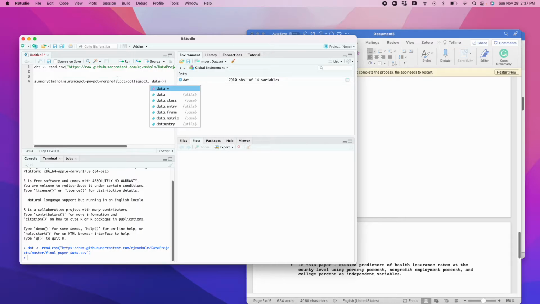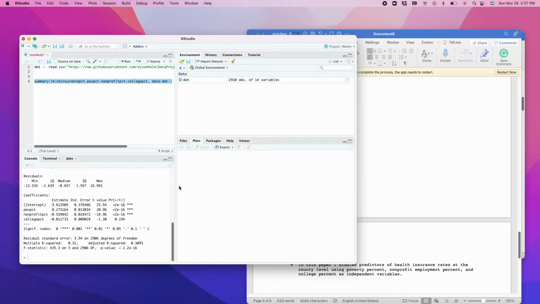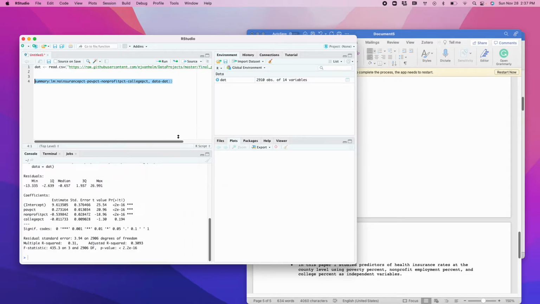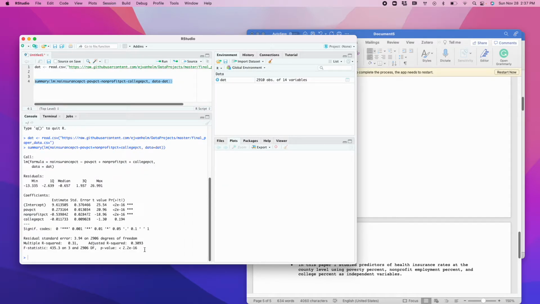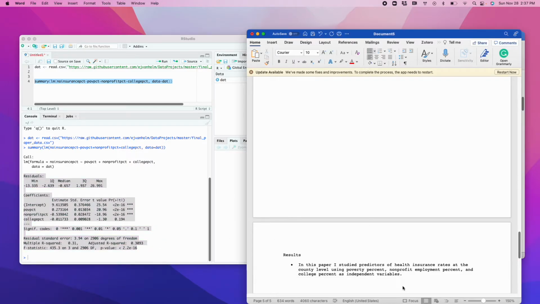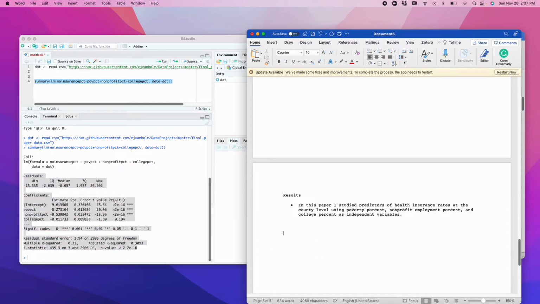My data equals that. And here is my regression. And so I'm going to copy all of this into my results section.